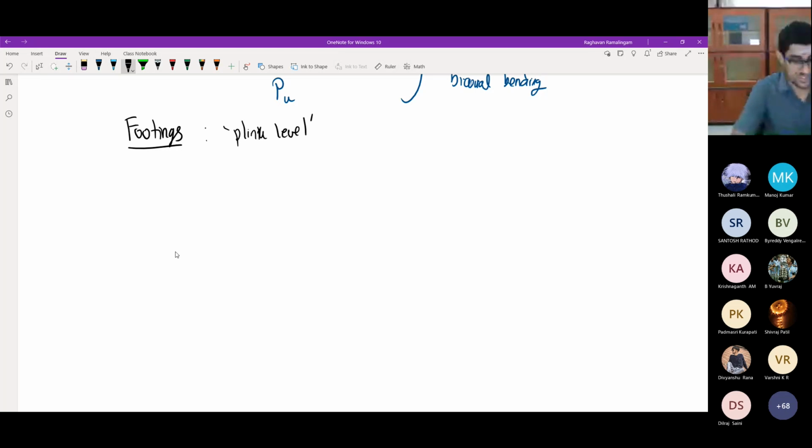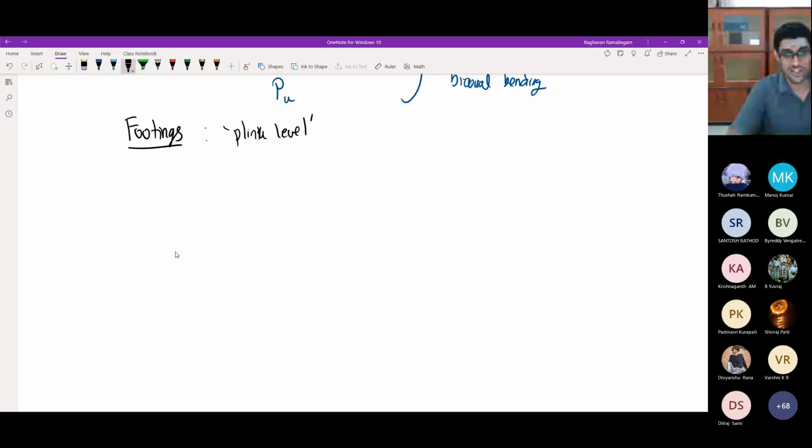Below the plinth level you may have a continuation of the column, and below it you may have your footing starting. You would have done geotechnical engineering till now. What are the two types of foundations that you have learned there? Deep and shallow.